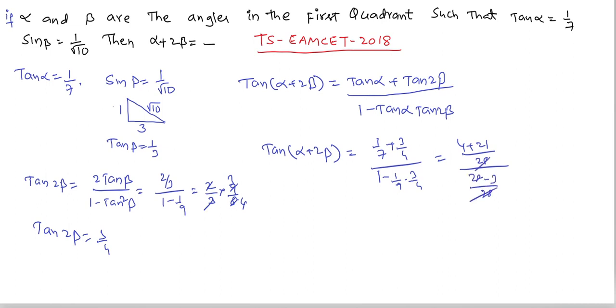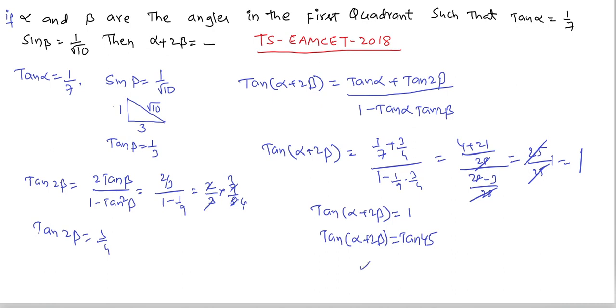Here 28 cancel, equal to 25 by 25, also cancelled, that is equal to 1. Therefore tan of alpha plus 2 beta is equal to 1. That means tan of alpha plus 2 beta is equal to tan 45. Tan cancel. Alpha plus 2 beta is equal to 45 degrees, that is equal to pi by 4.